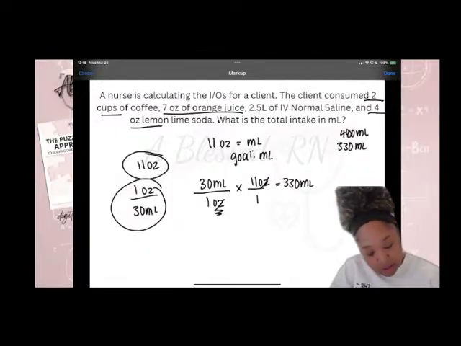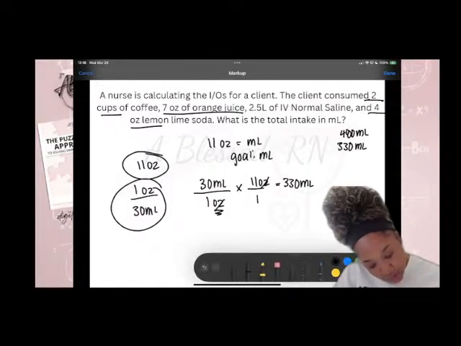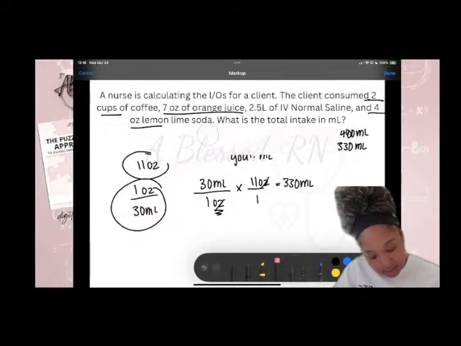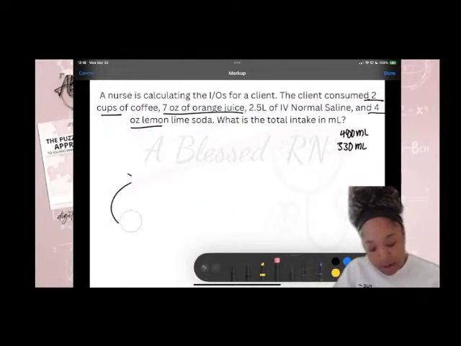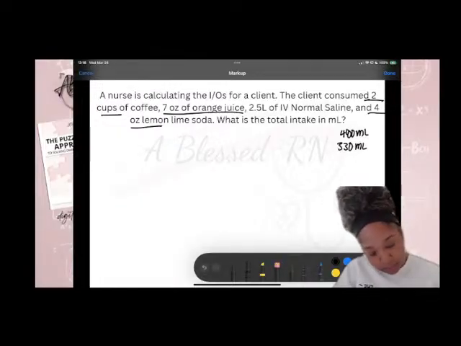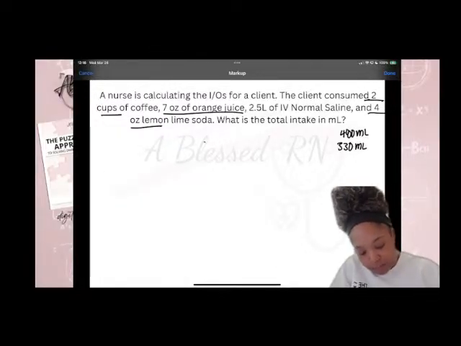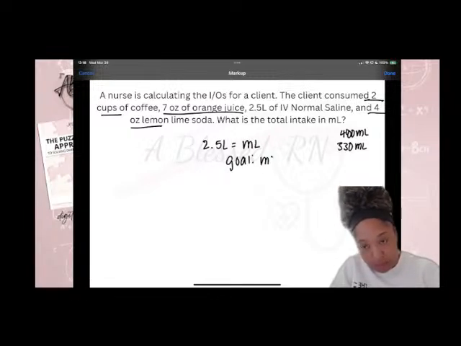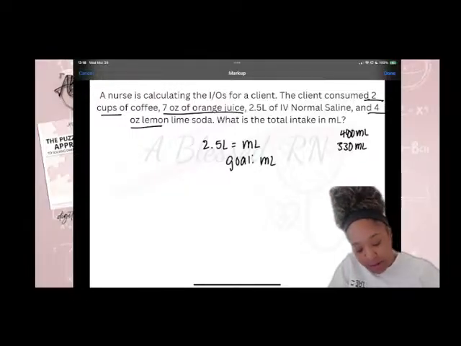Okay, so next we'll do our 2.5 liters of normal saline. Anybody know how many milliliters are in a liter? 1,000. Very good.